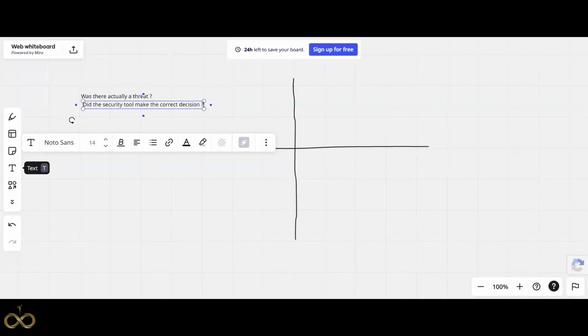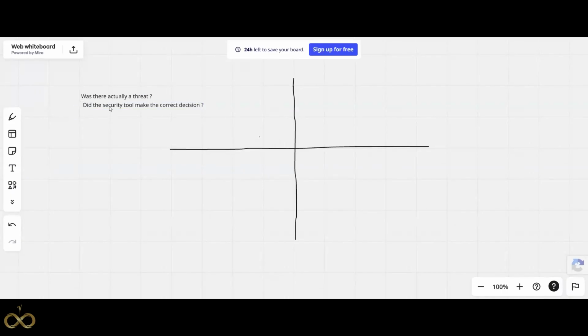Okay, these two questions. Now, for example, if the tool you are using, okay, for example, you're using a Burp Suite tool. So if the tool made the correct decision, it is true.